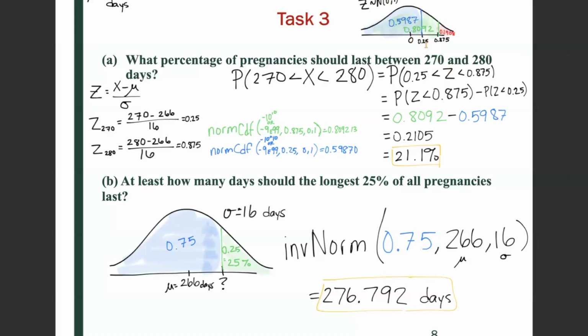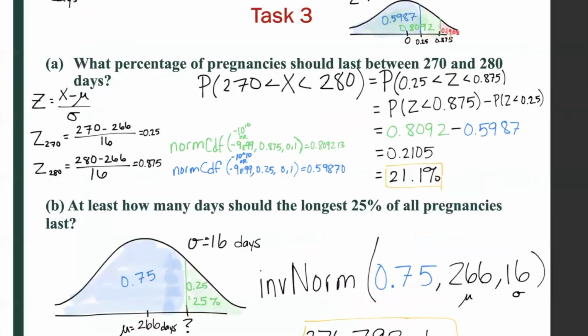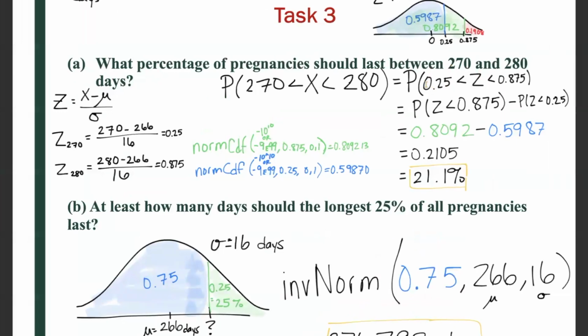I also wrote on the number line where 0.25 would fall, the z-score for 270, and 0.875, the z-score for 280. I want to find the probability of x being between these two values.